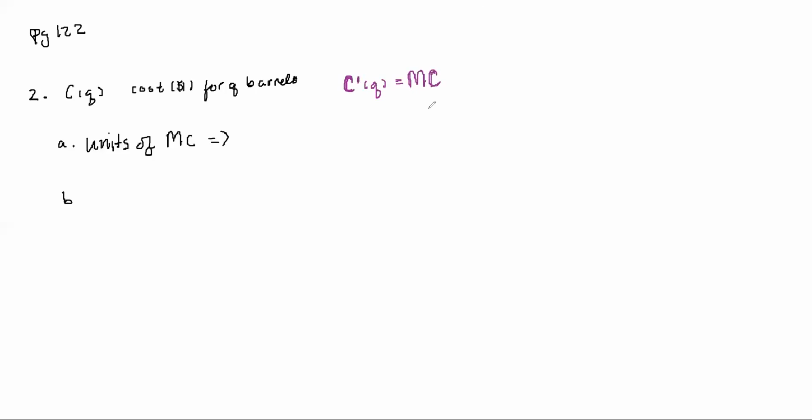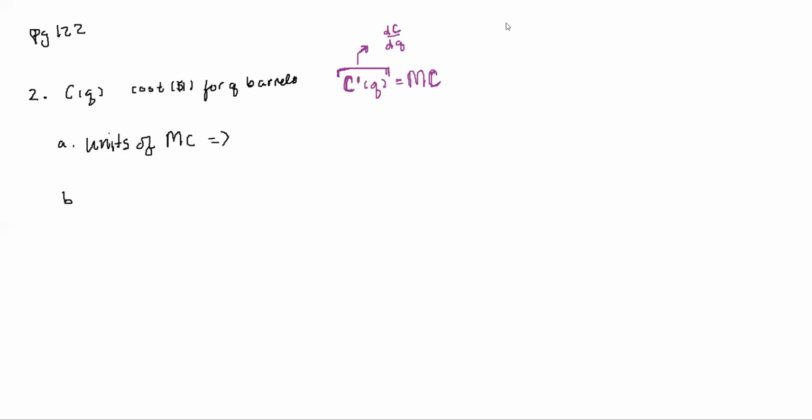What we're looking at here is C prime of Q, or if we write this in Leibniz notation, which we were doing last week, this would be dC dQ, right? So this is the derivative of cost with respect to quantity. And then that's going to be our marginal cost.